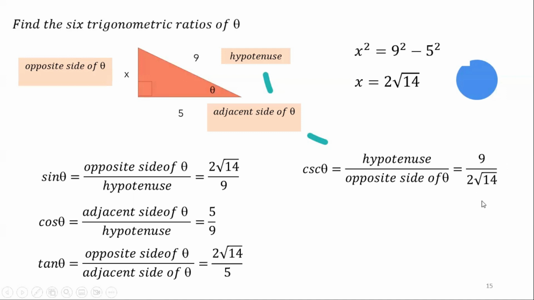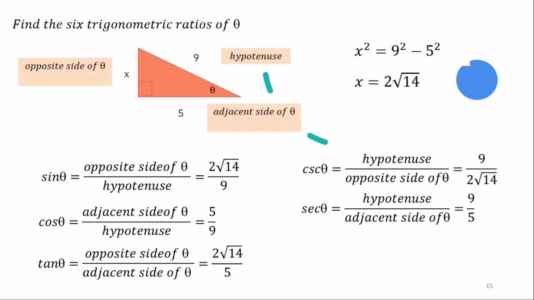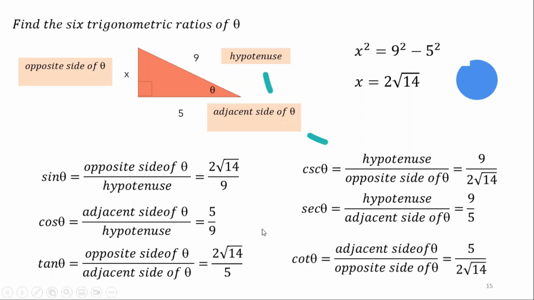You can actually simplify this by removing the radical sign in the denominator, by multiplying both numerator and denominator by square root of 14, and then you can simplify. But we'll just leave that as is. Next is secant of theta, which is equal to hypotenuse over adjacent side of theta, which is 9 over 5. And cotangent of theta is adjacent side of theta over opposite side of theta, which is 5 over 2 square root of 14.